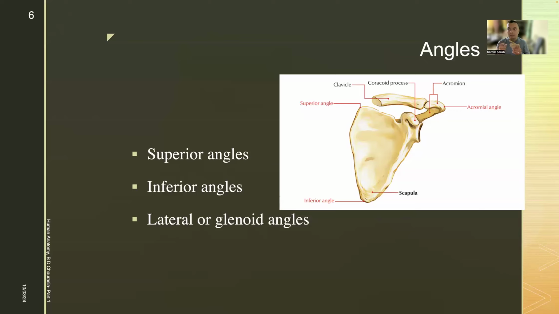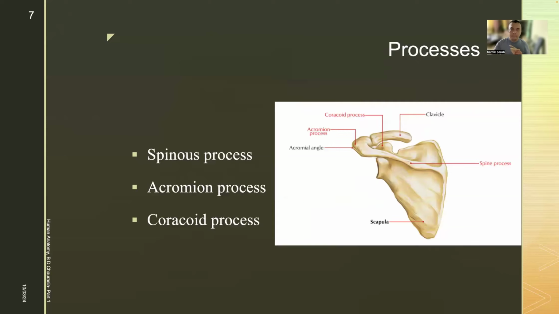And people who are having tight pectoral muscle, उस case में वो पूरा ऐसे आगे की तरफ आ जाएगा. So it should be in this way. Okay. अब तीन angles हुए आपके. एक है superior angle जो trapezius के अंदर cover है, एक है inferior angle जो latissimus dorsi को attachment देता है, and एक है glenoid angle which is having a glenoid cavity. तो ये glenoid cavity, as I showed you earlier, आपके head of the humerus के साथ attached होती है.